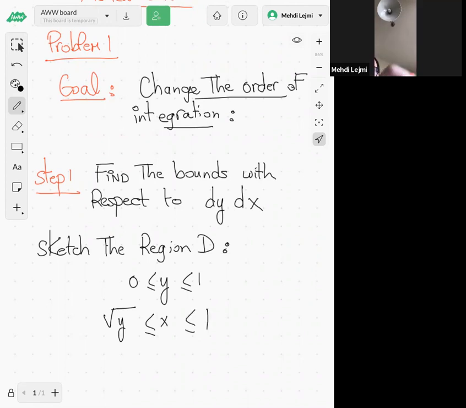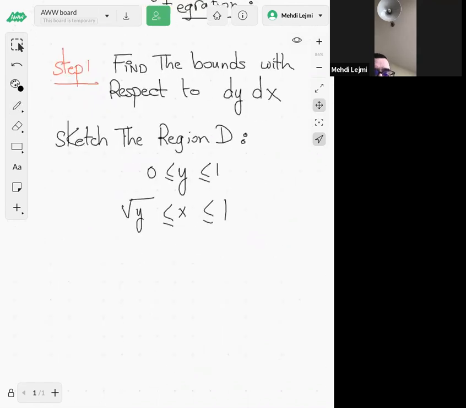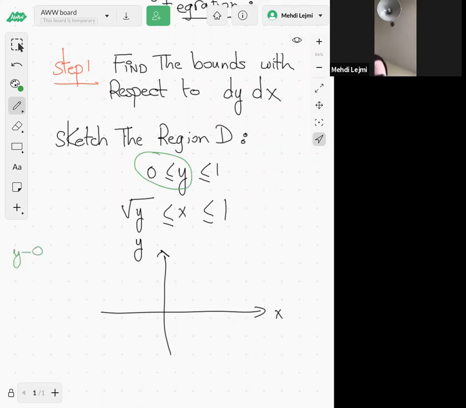If you want to sketch this region D, the first equation is y equals 0. The second equation is y equals 1, so this is 1 here. This is a horizontal line, y equals 1.